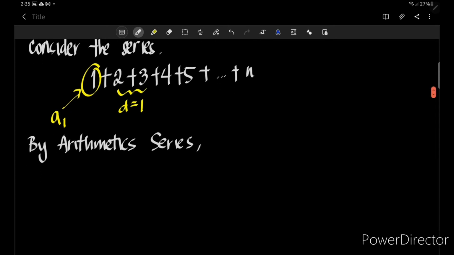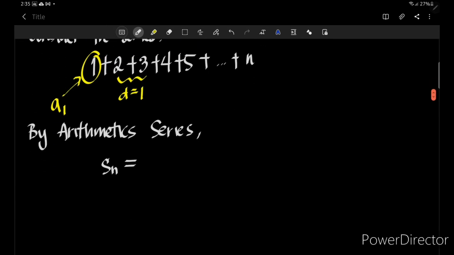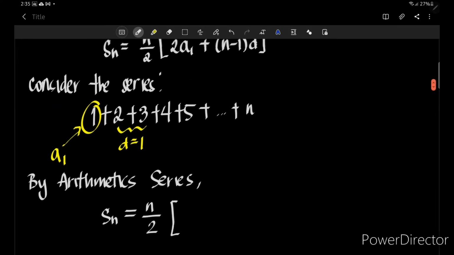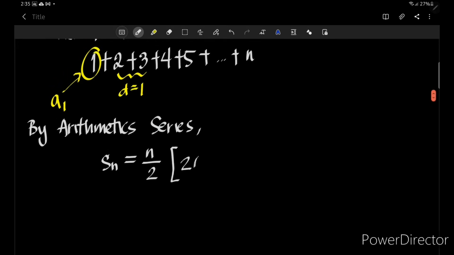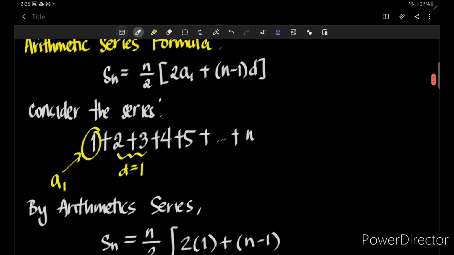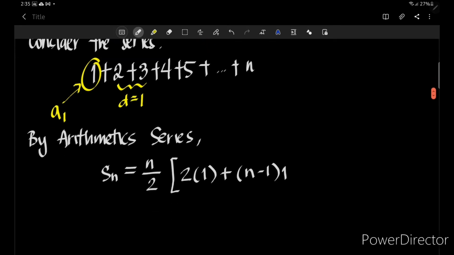Okay, we have S sub n equal n over 2. So n over 2 times 2a sub 1. Ang alam natin si a sub 1 is equal to 1. So palitan lang natin siya ng 1 plus n minus 1 d. D is equal to 1. So, palitan lang din natin siya ng 1.